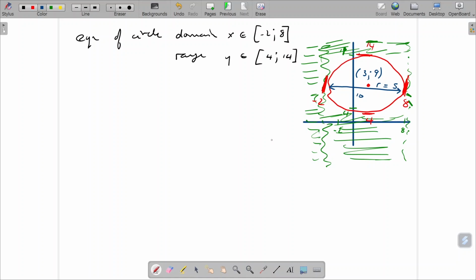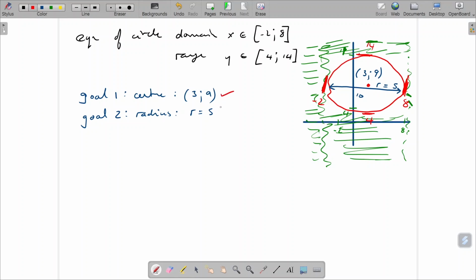That comes from understanding the idea of domain and range, and it's quite an unusual form of question because they don't normally ask you to work backwards from the domain and range. But we've achieved our two goals. Goal 1, find the center, which is 3 and 9, has been achieved. And goal 2, which I think we achieved slightly earlier, was to find the radius. When we realized the span across was 10, we realized the radius had to be 5.